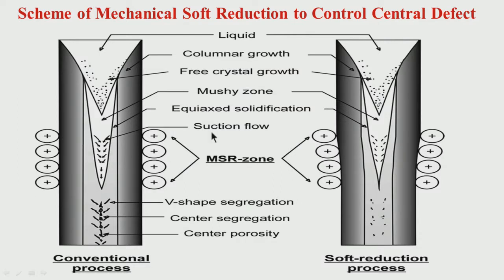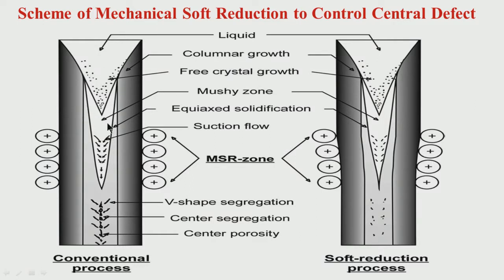So this is the liquid, this is the mushy zone, and these areas are the solid shell which has already formed. So you see here, initially from the surface, as I was mentioning earlier, you have columnar growth. How much columnar growth there will be depends on the superheat, or if you use electromagnetic stirring then you can control the extension of the columnar growth and you will have some amount of equiaxed growth here.